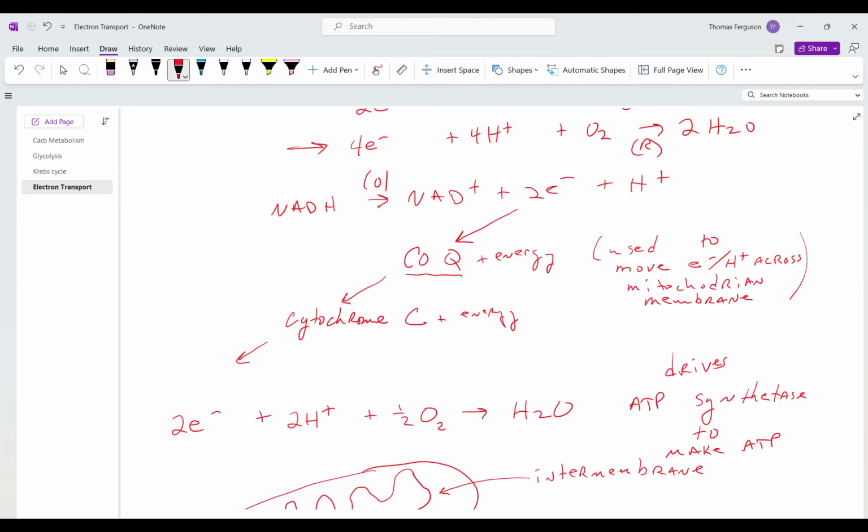And each time the electron's transferred, there's some energy being given off each time. There's a number of cytochromes, but we start oxidizing the NADH and the FADH2. First, it enters the CoQ and gives off energy.